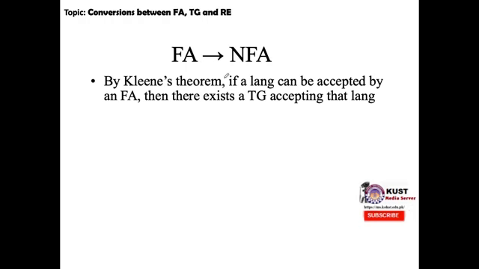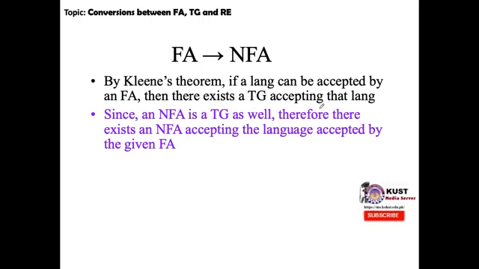By Kleene's theorem, if a language can be accepted by an FA, then there exists a transition graph accepting that language. This is what we discussed in Kleene's theorem. Since an NFA is a TG as well, therefore there exists an NFA accepting the language accepted by the given FA.